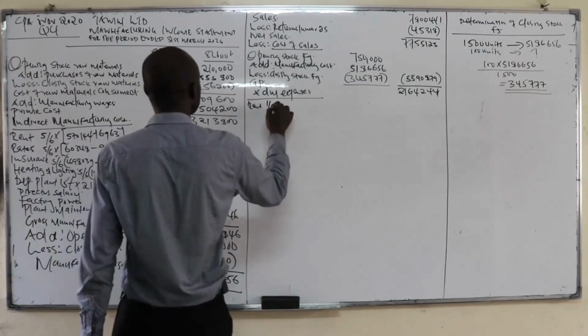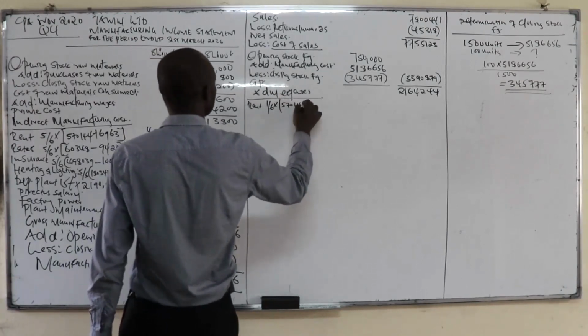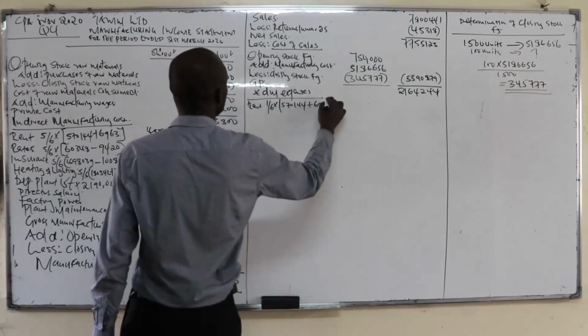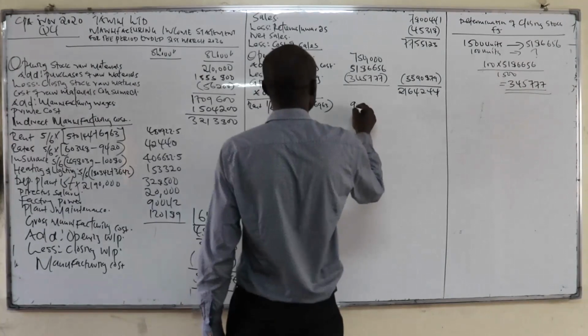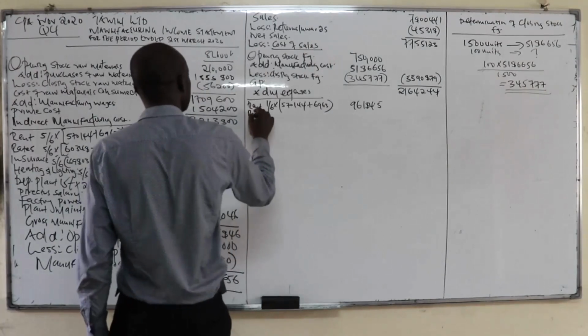Rent 1 out of 6 times 570,144 plus 69,63. That is admin. So how much do you get? 96,184.5. That is rent. Then we have rates.